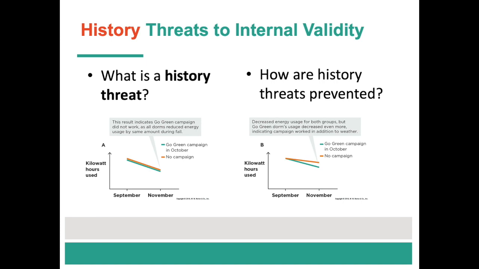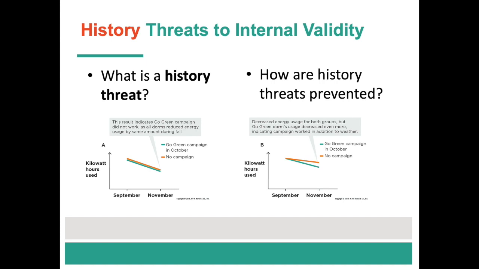So, for example, if we go back to that violence on campus idea, if we were collecting data on one campus and that was the treatment group, and on another campus we were doing the control group, then if the violence was just on one of those campuses, then we wouldn't be able to tell the difference. We would still have a history threat.